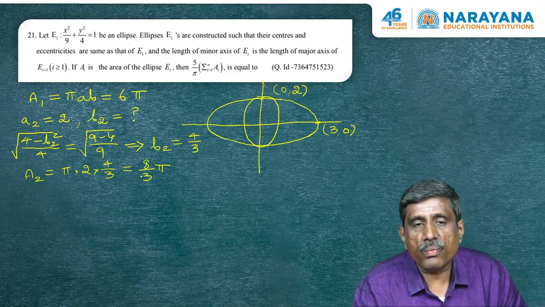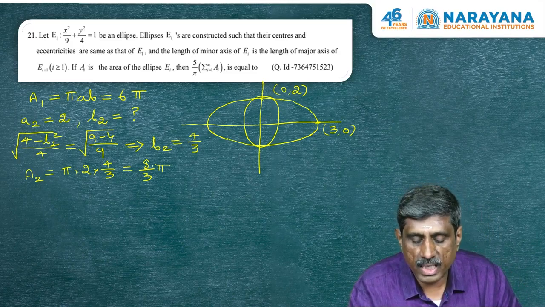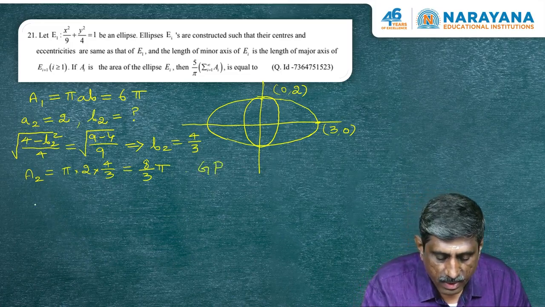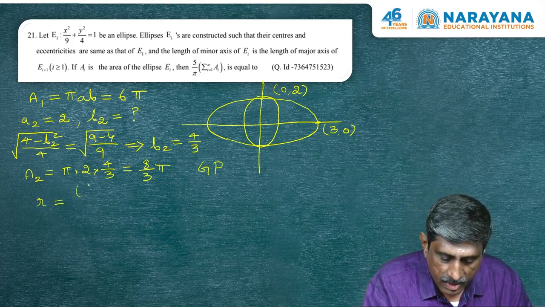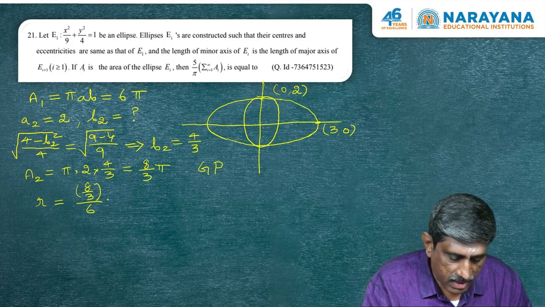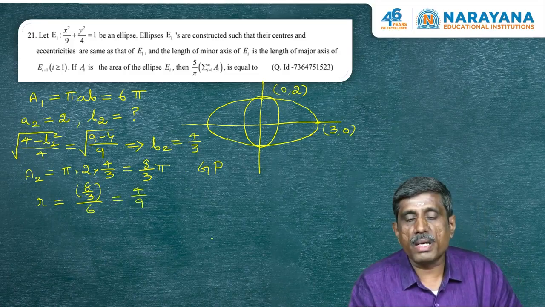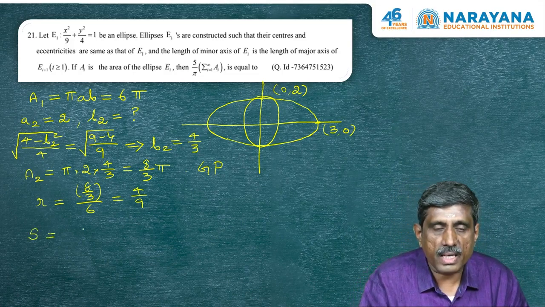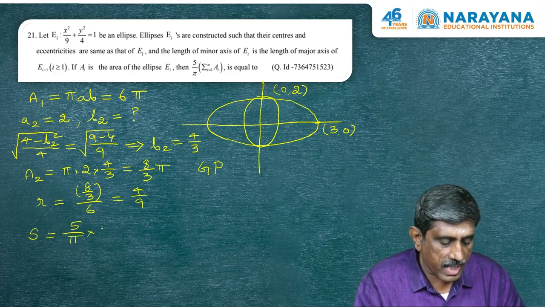And similarly, we can go for A3, A4 and so on, and we understand clearly that it forms a GP. And for this GP, what is going to be the common ratio? The common ratio is 8 by 3 divided by 6, which is nothing but 4 by 9. Therefore, 4 by 9 is going to be the common ratio of the GP. Therefore, the required sum, I can say directly, is 5 by pi into S infinity.